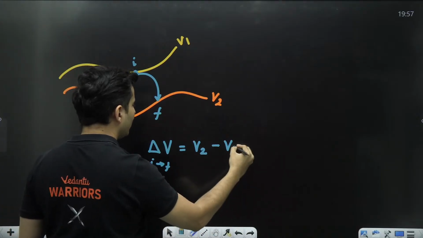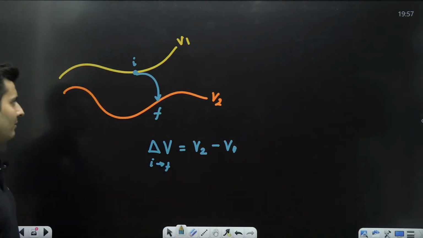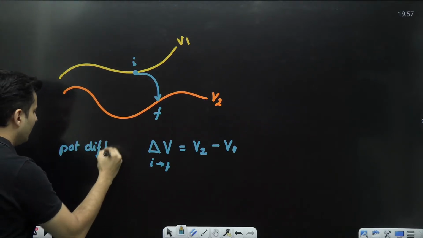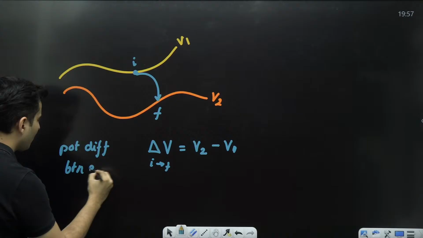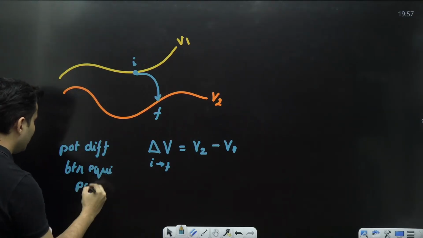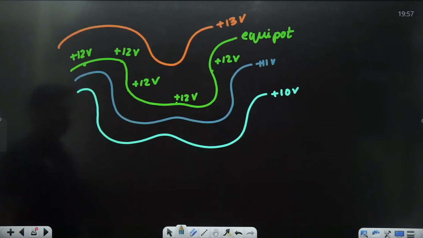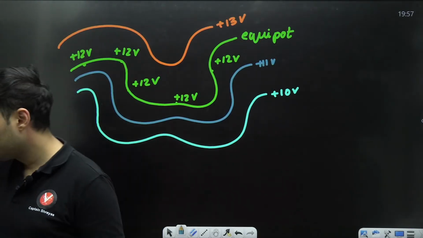So V2 minus V1 will be the potential difference between equipotential lines. Is this point absolutely clear?